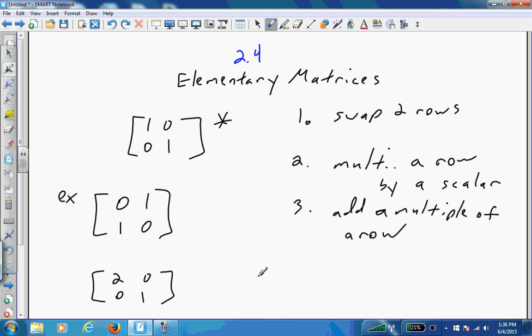If we want to take our second row and add twice the first row to it, then our second row is twice the first row plus the second, so that represents an elementary matrix.